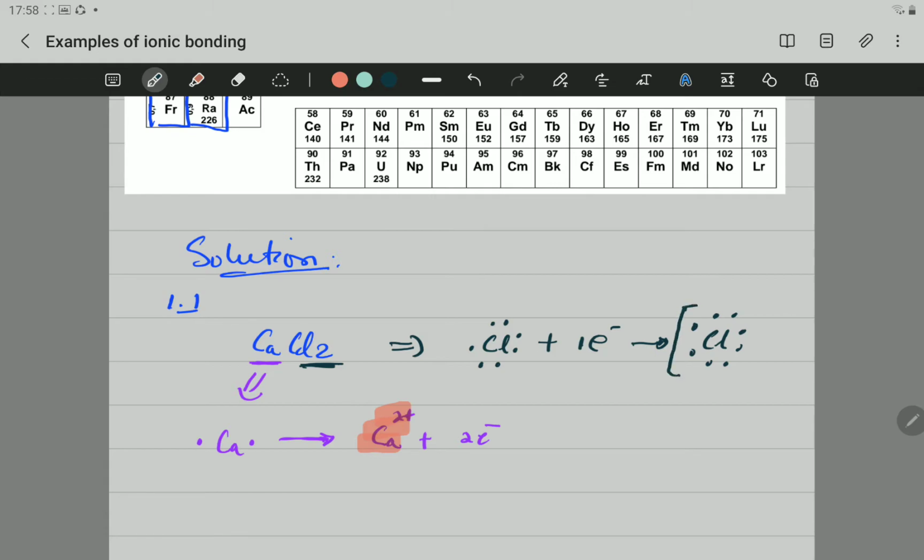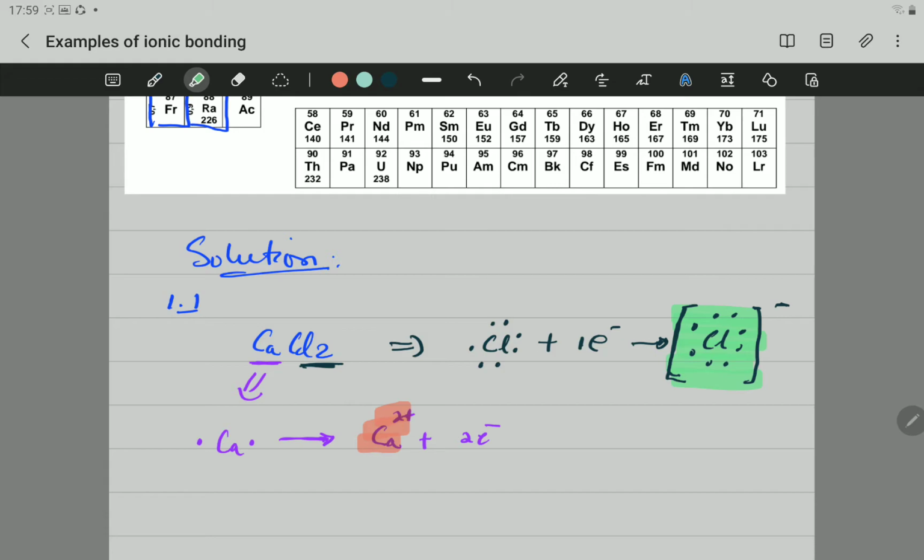Because it gained 1 electron, the charge of chlorine will be -1, and remember we only write the minus because it's 1. So this is how to represent the valence equation for the formation of the chloride ion. Note this one here is the chloride ion.